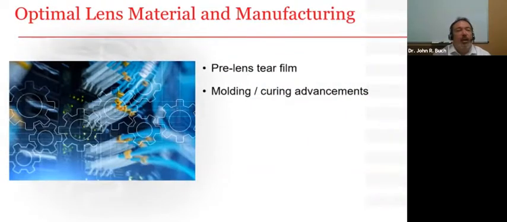Okay. And next, I would like to touch on some topics that we don't normally think about affecting visual comfort. And that's the importance of contact lens materials that do affect the tear film, as well as accurate manufacturing.